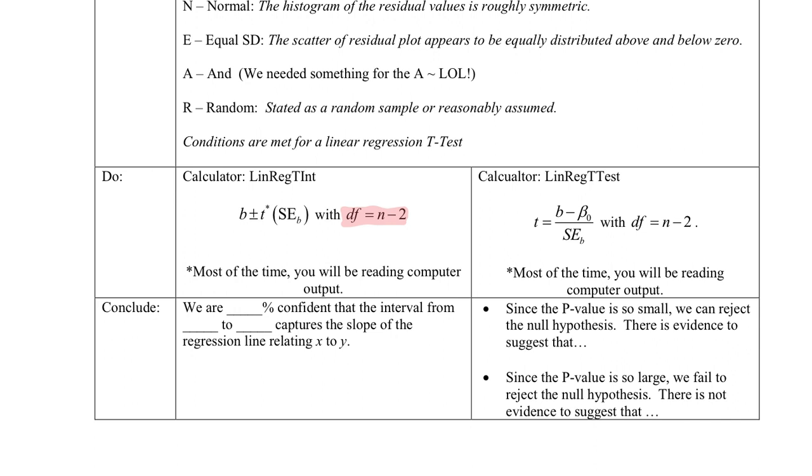And you might be saying, well, why is it n minus 2? Just remember, because in a scatter plot, there are two variables. There's your x variable and your y variable. So that's just a little way to remember that degrees of freedom are n minus 2.